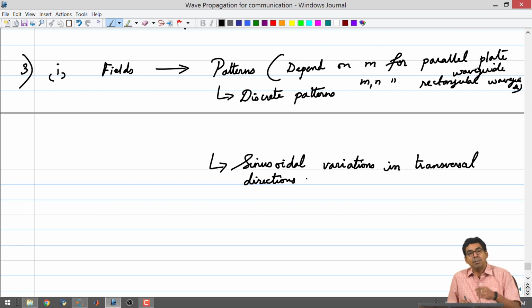That is because we have an interface between a dielectric and a conductor, and we have already noticed that the electric field will be 0 on the interface, but at the same place the magnetic field will be high.